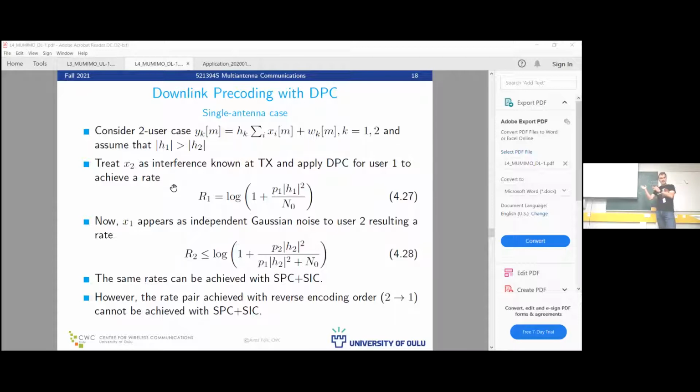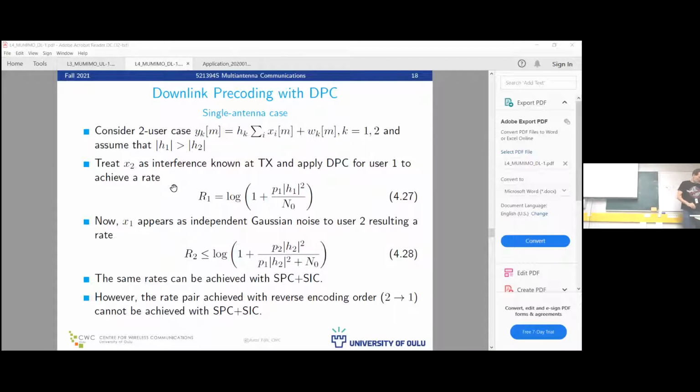That's why it can be plugged into this multi-antenna case. The ordering is not important, right? I mean, we have to know, of course, the encoding order, but any encoding order can be handled by DPC, unlike in the SPC. Okay.